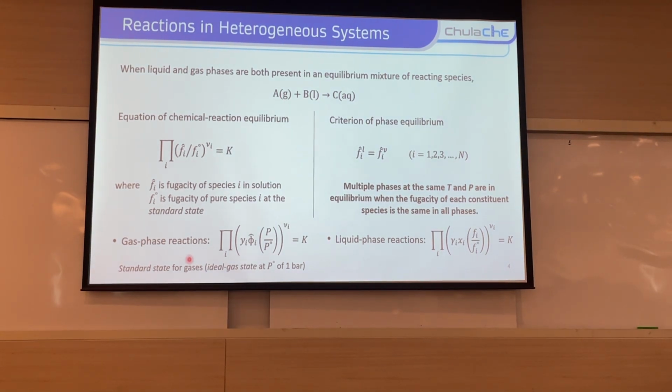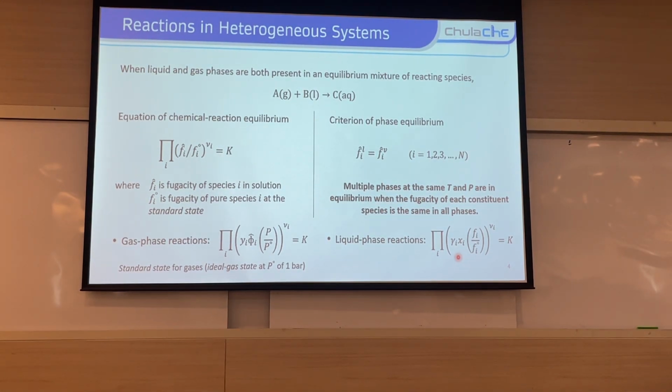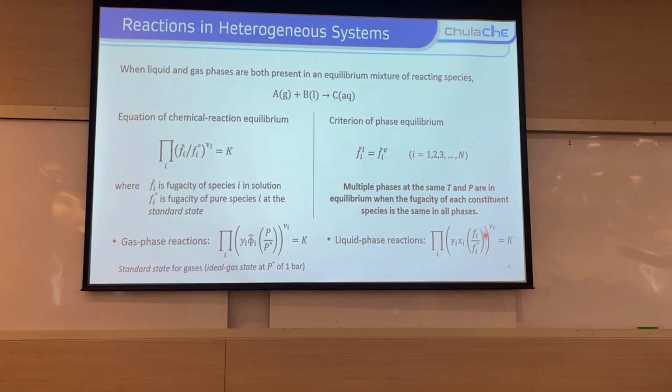For the gas phase, you change it in the form of the fugacity coefficients and mole fraction in the gas phase. But in the case of the liquid phase, you change the fugacity into the activity coefficient, the gamma symbol, and the mole fraction in the liquid phase, which is xi. And also continue with the fugacity here, which can change into the form of volume and pressure that I have shown you in the previous lecture.